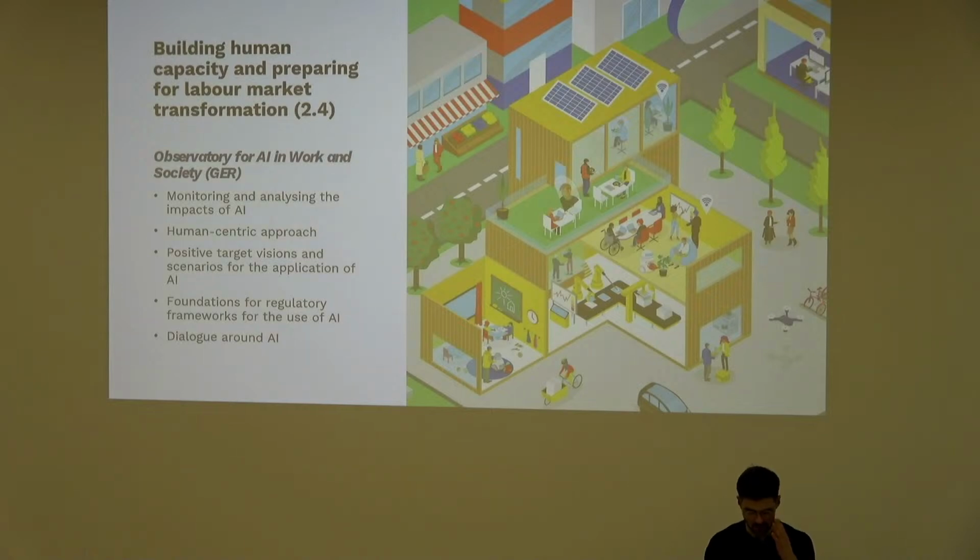Here we see countries really getting out strong and publishing different policies, which range from introducing AI in primary schools by changing the curricula, educating teachers on AI, upskilling and reskilling the general workforce, to trying to attract international talent. But, and this is the example that I've brought along here, also monitoring the impact of AI on the labor market. This is what Germany has been doing with their Observatory for AI in Work and Society.